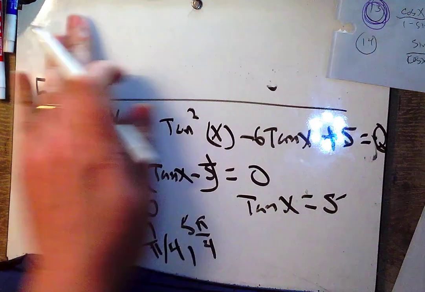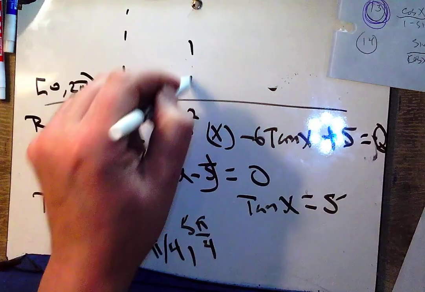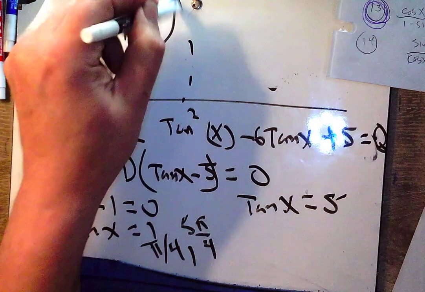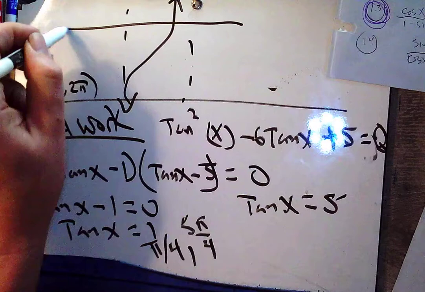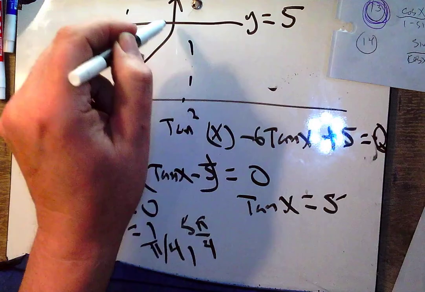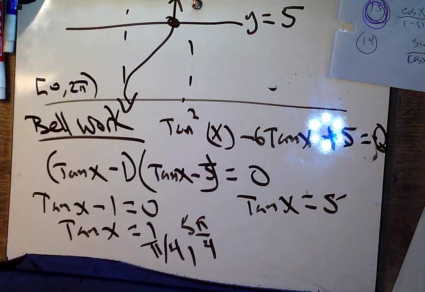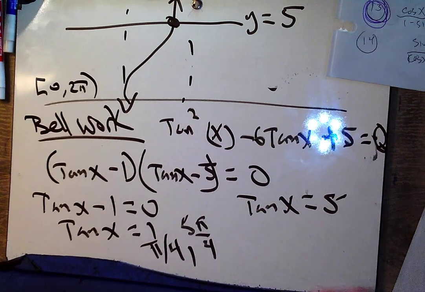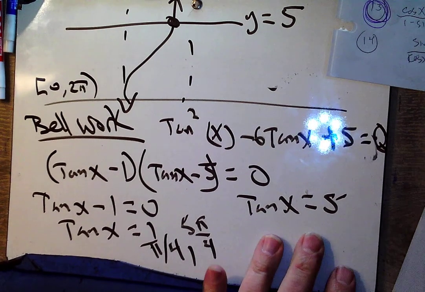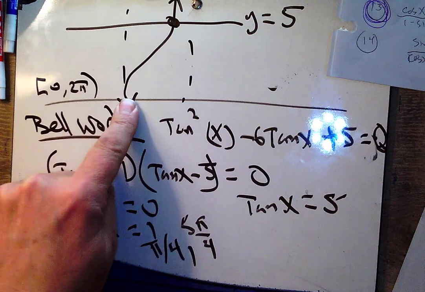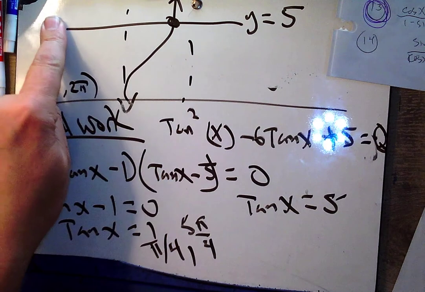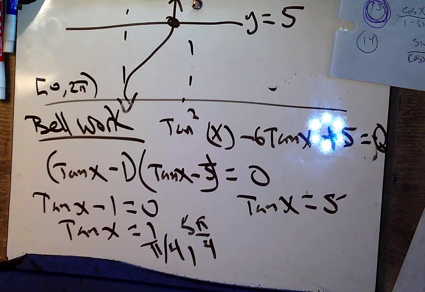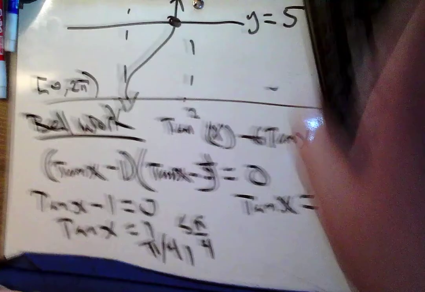But please remember that the graph of tangent looks like this. And so, yeah, it in fact has to cross y equals 5. And what did I say in that last video to do this one? Literally this. Graph tangent in y1, graph y equals 5 in y2, and set your viewing window.